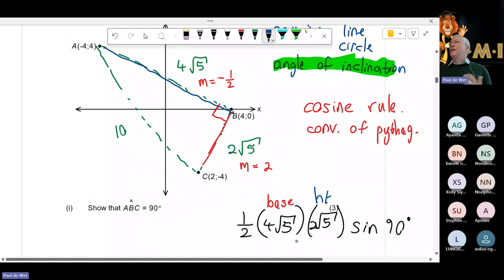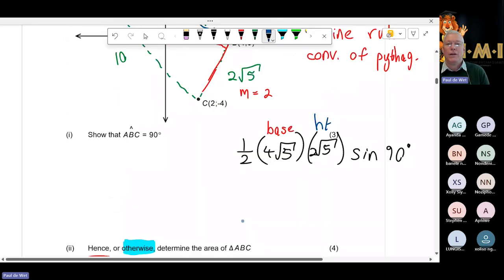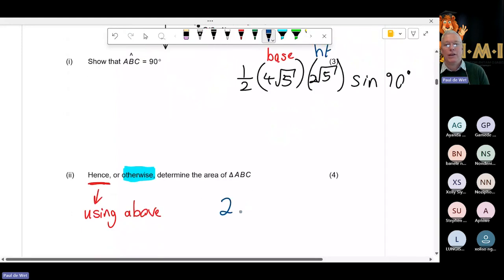So do you see how we don't need to use the trig area rule, but we can. Okay. What did you get for your final answer? 20. 20 what? Well done. It must be 20 units squared.